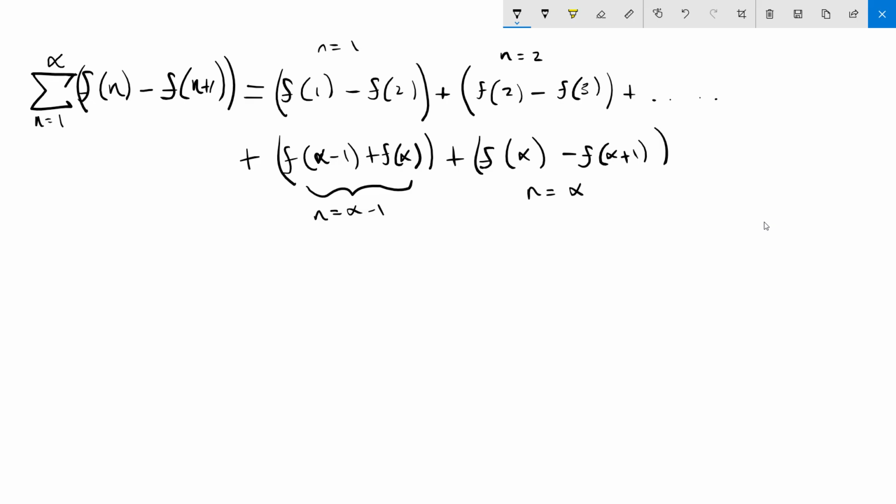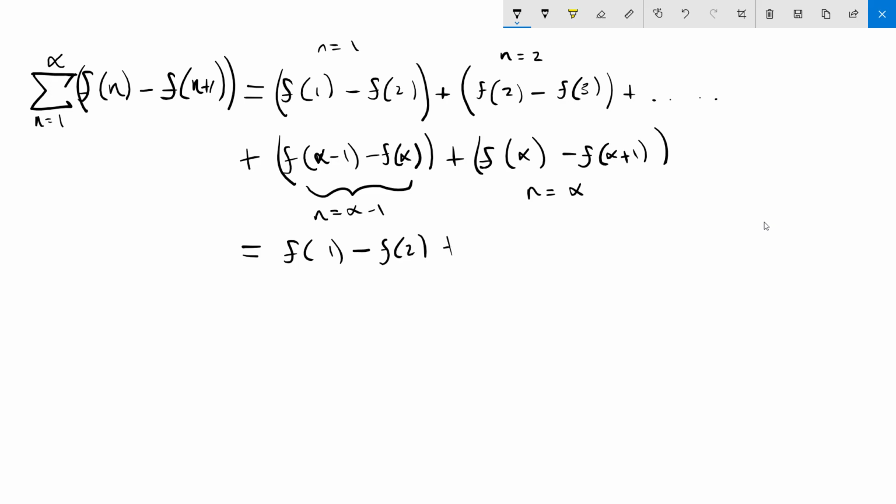What we notice here, actually I made a tiny little mistake. This should be f of alpha minus 1 minus f of alpha. These should all be a minus sign. If we were to separate all these brackets, what we end up getting would be f of 1, minus f of 2.